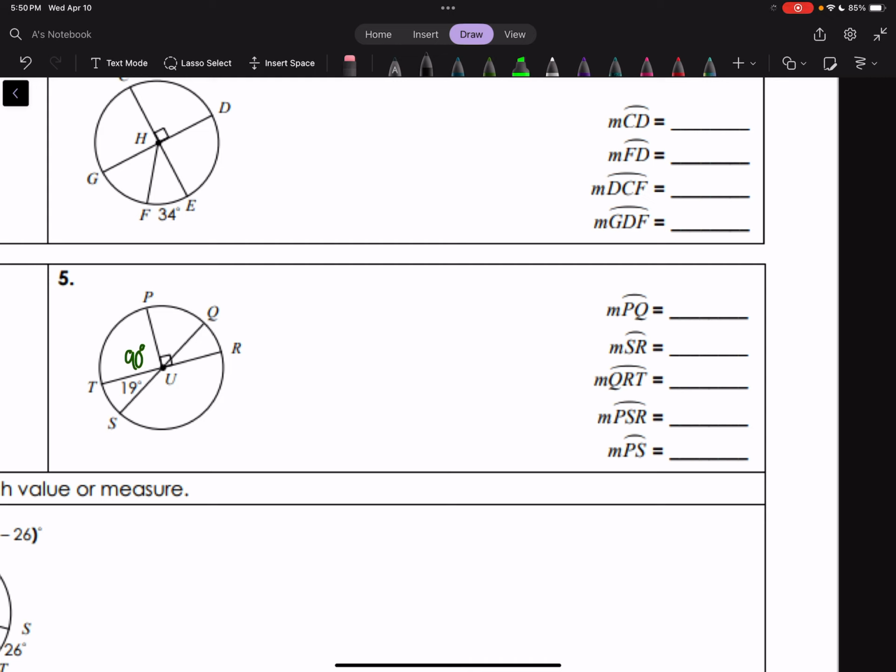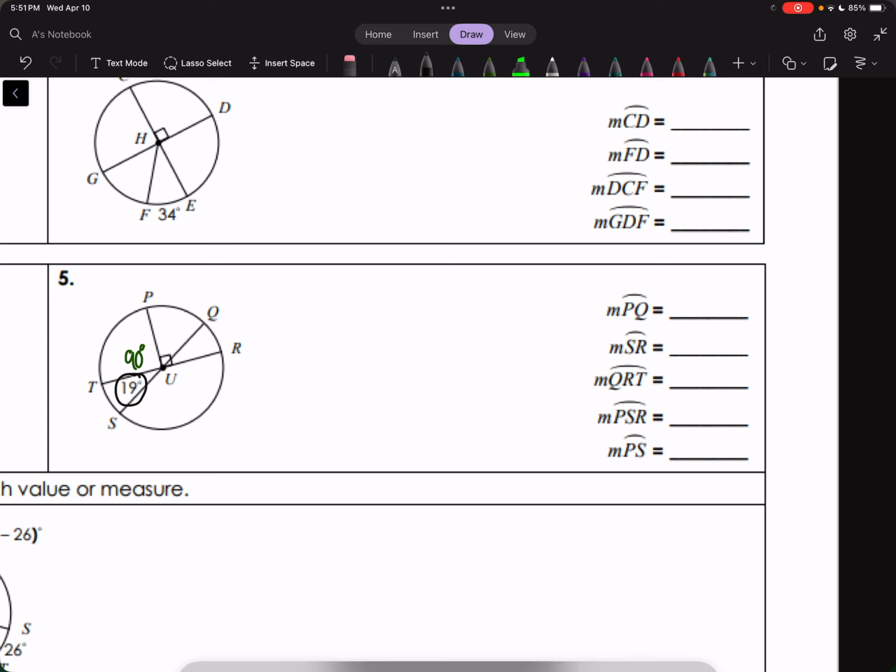Okay, so the question becomes, how do we find that? How do we find the measure of the angle QUR or PUQ? So how do we find a piece of that 90 degrees? Well, let's take a look at our alternate angle, TUS.